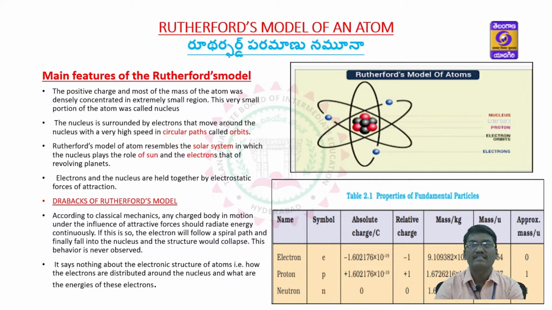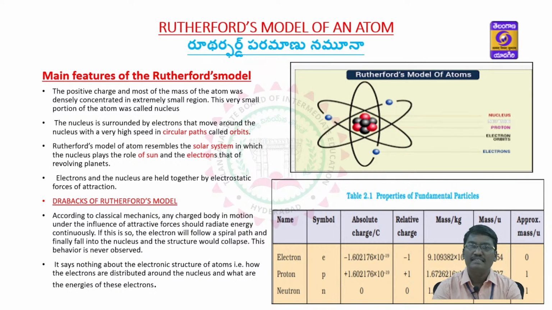The electrons revolve around the nucleus with a very high speed in circular paths called orbits. So observe, students, what is happening? The atom contains a nucleus, the nucleus is the positive charge, and around it, in fixed paths like orbits, electrons are revolving.